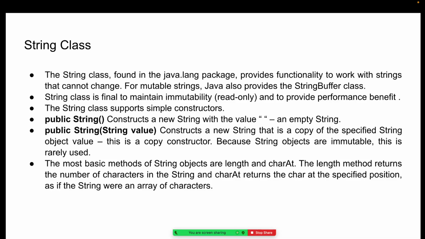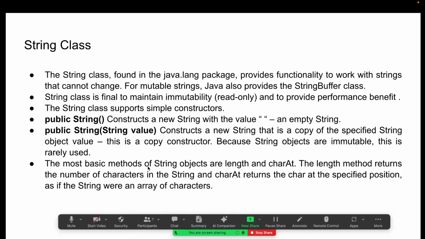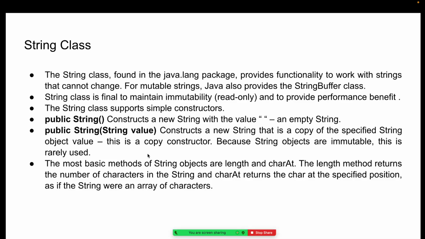So the string class is final in Java. What it means is a final class cannot be inherited. You remember when we talked about inheritance and the use of the final keyword. Whenever any class is marked as final, that class cannot be inherited, right?